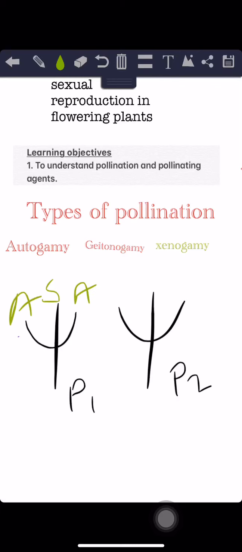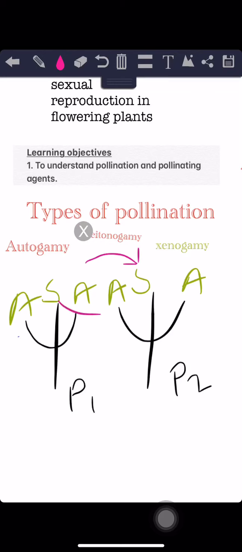The transfer of pollen grains takes place from the anther of one plant to the stigma of another plant. Similarly, here from the anther of P2 to the stigma of P1. This is xenogamy, and this is a typical kind of cross-pollination.